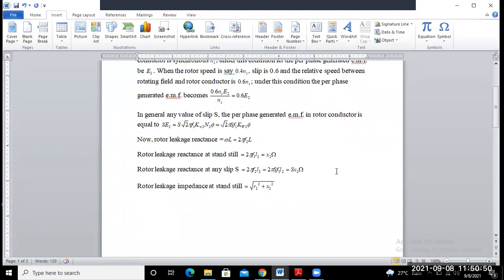So at any slip S, the rotor leakage impedance is equal to the square root of R2 square plus the leakage reactance at slip S, which is S x2. So just put S x2 in place of x2.